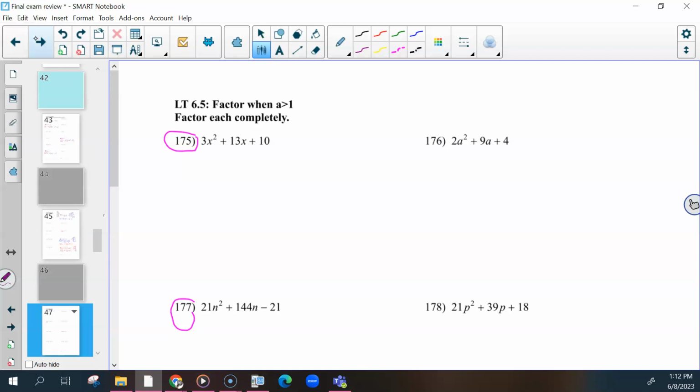Then the last piece of factoring, your trinomials when a does not equal 1 or is greater than 1. Which of those do we want to see, go over, have questions about? You go. 77 and 82.